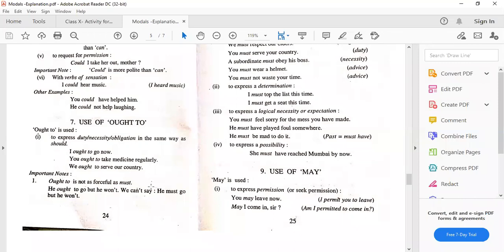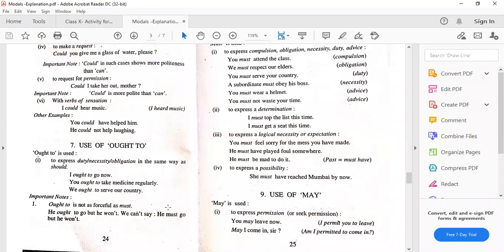See the important points. Ought to is not as forceful as must. लेकिन अगर आप फोर्सफुल होना चाहते हो कि ये काम ज़रूर किया जाए, then we should use must, not ought to. He ought to go, but he won't. जब हम कहते हैं ना he ought to go, उसको जाना चाहिए लेकिन वो नहीं जाएगा. ज़रूरी नहीं है कि वो जाए, कि हमने एक सजेशन दे दी, it's okay. He can say he must go. लेकिन अगर हम कहते हैं he must go but he won't, then this is wrong. He must go means उसको जाना ही होगा.